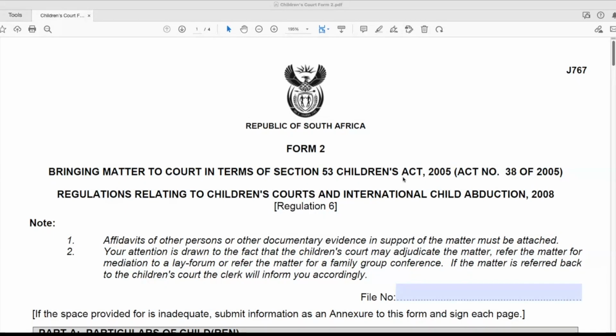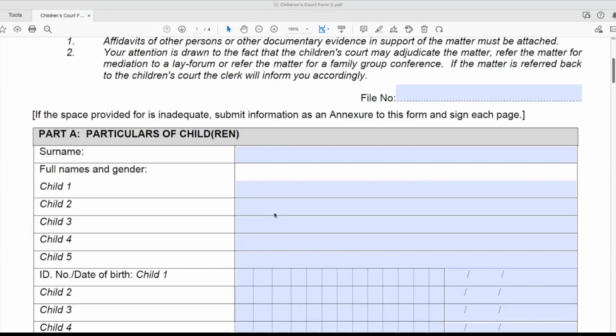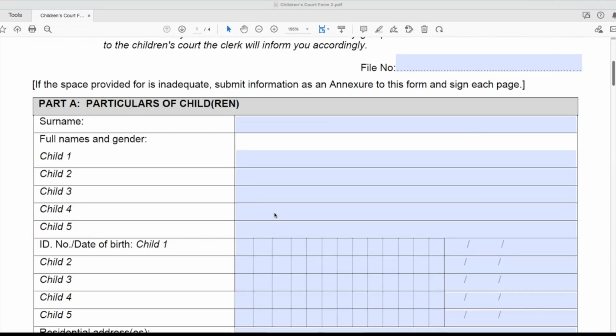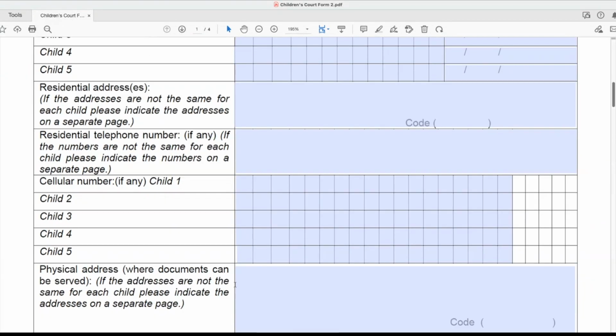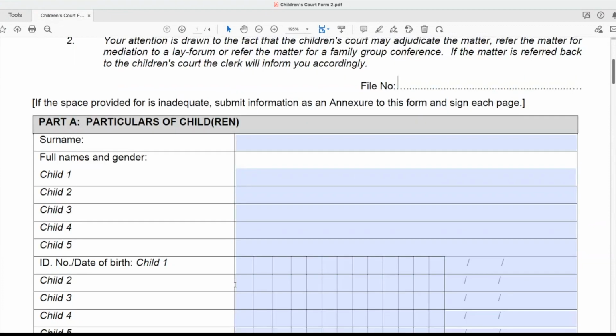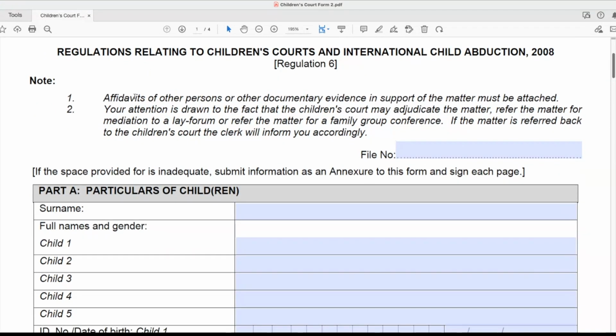The Form 2 of the Children's Court relates to Section 53, so it goes without saying, when you complete it, have Section 53 next to you. Also have Regulation 6 next to you. We ran through that a bit earlier. So, at the top, you have file number and particulars of the children involved, because obviously this is the starting point of any Children's Court matter.